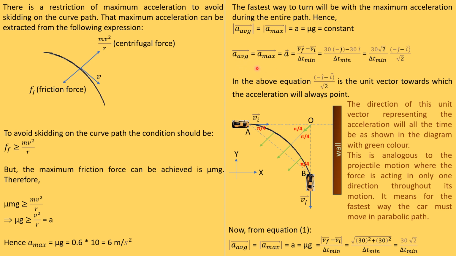Now A average we have written in vectorial form earlier. We will pick up that equation: Vf minus Vi by delta t minimum. We put the value of final velocity, that is 30 into minus j cap, minus 30 into i cap, divided by delta t minimum.